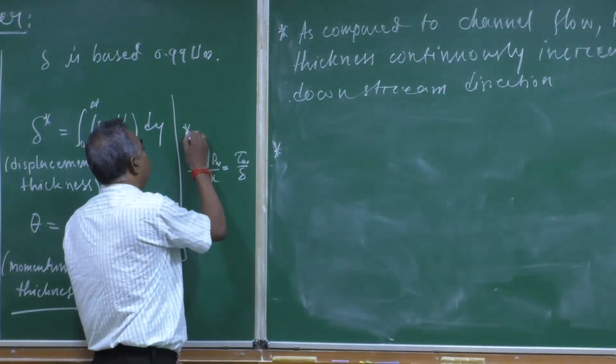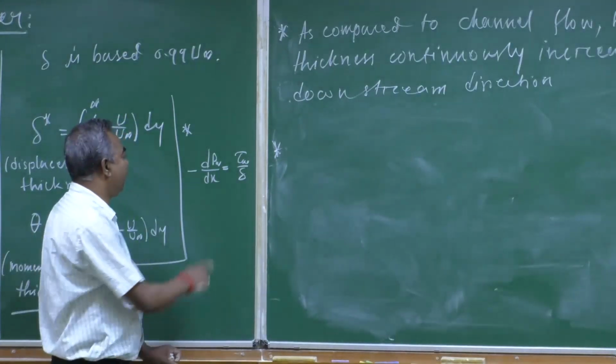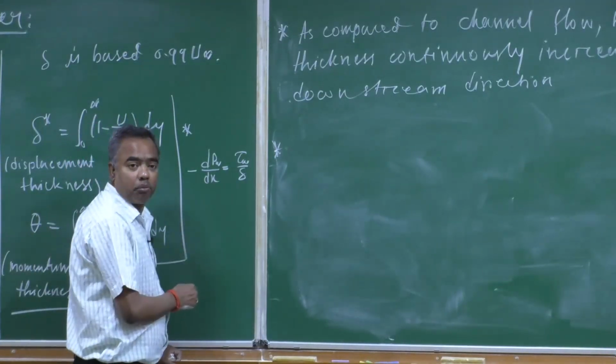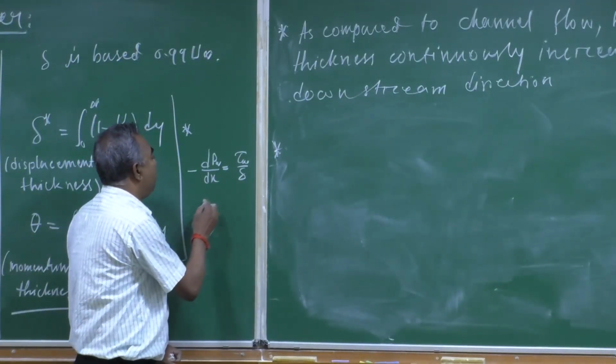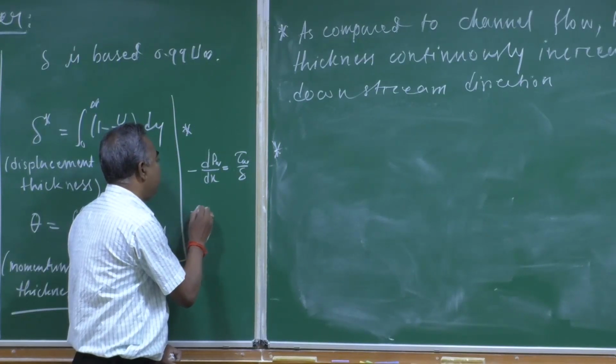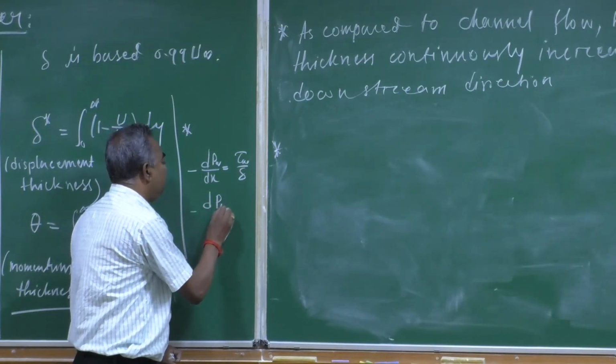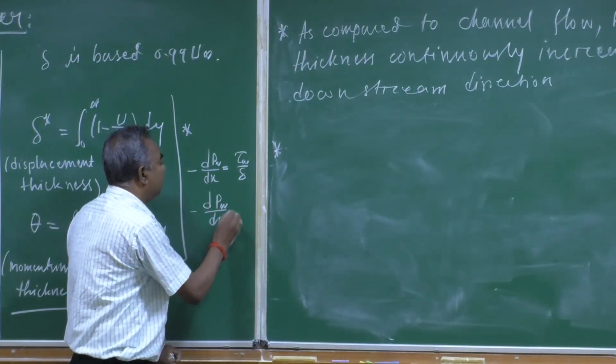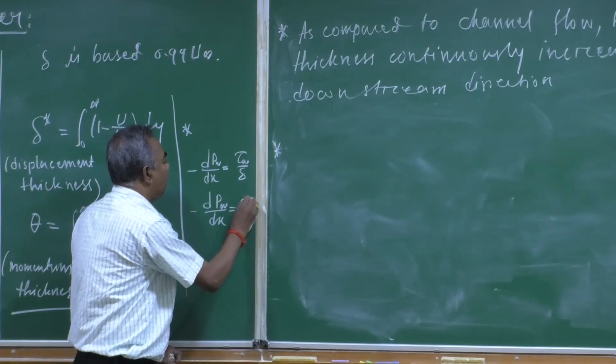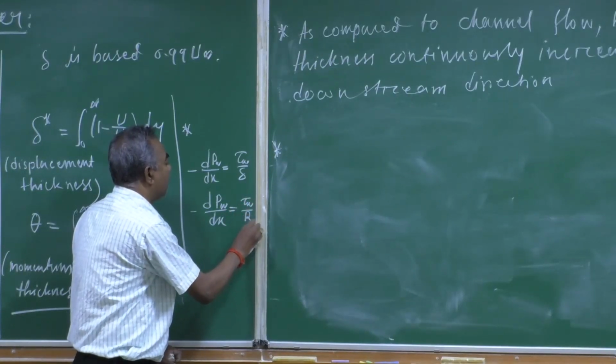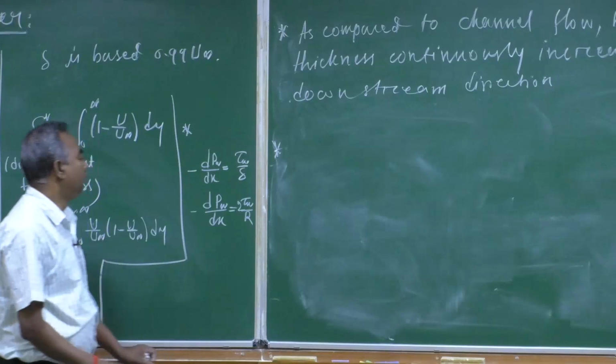If you write a similar expression for turbulent pipe flow, then you will be able to write minus dPw/dx equals tau w by r into 2.